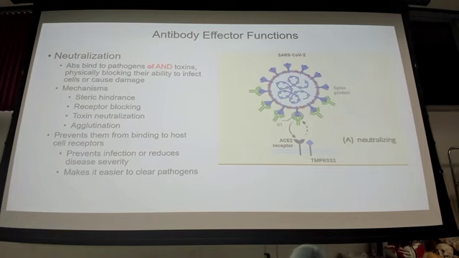In this case, it would be the ACE2 receptor, which is expressed in abundance on cells like respiratory epithelial cells, right? If you have antibodies that are specific for the glycoprotein of SARS-CoV-2, those antibodies can prevent the binding interaction between glycoprotein and the ACE2 receptor. If you prevent that from happening, no entry into the cell, no infection, no problem, okay? So that's how that works.